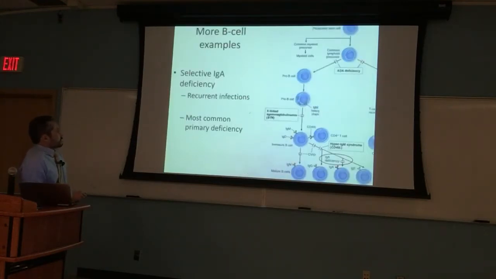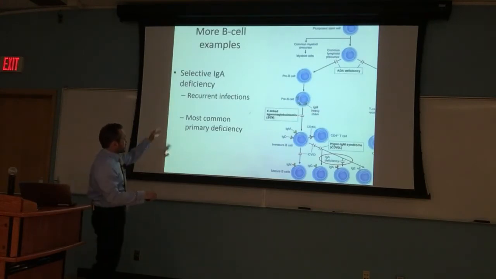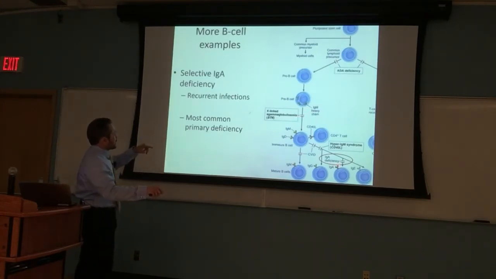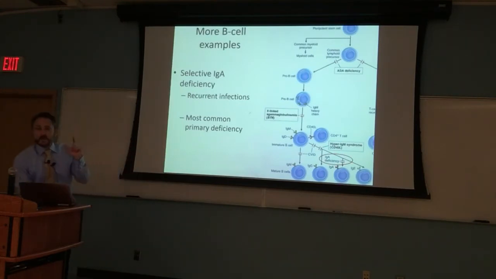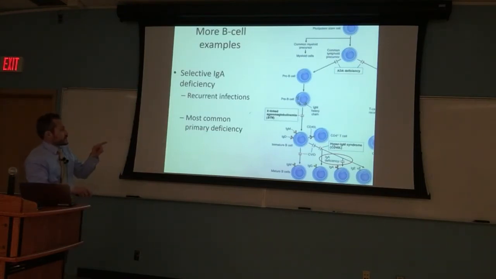Our second example, that's what this squiggly line was. Our second example is down here because this is the most common primary immunodeficiency disease. This is the most common congenital immunodeficiency disorder. It's an IgA deficiency. So selective IgA deficiency, and these patients wrestle with recurrent infections.